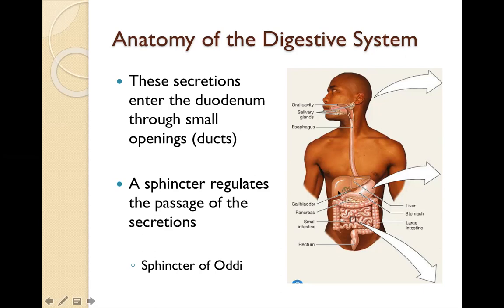And there is a smooth muscle sphincter that regulates the flow of the substances from these two areas. This particular sphincter is called the sphincter of Oddi. When it relaxes, it'll allow secretions from the gallbladder and the pancreas to enter the small intestine. When it's contracted, it won't allow them. This is something we'll talk about in greater depth later on.